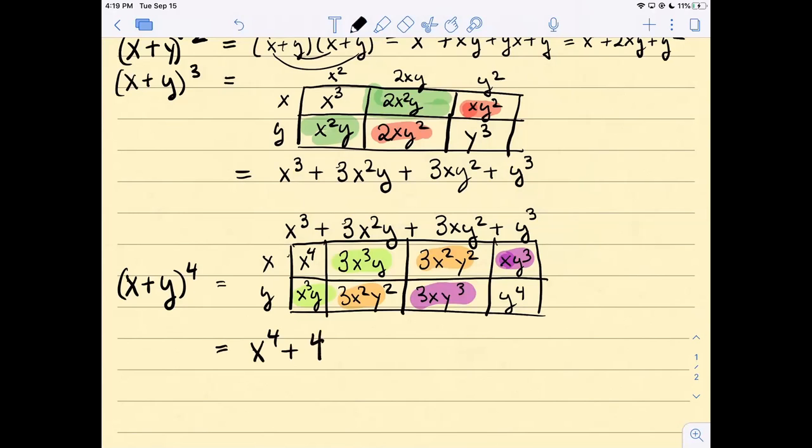You get 3 from the top and 1 from the bottom, so you get 3x to the third y plus 6x squared y squared plus 4x y to the third plus y to the fourth. All right. Nice. I see a few students. Well done, Kieran, Penelope. Well done.